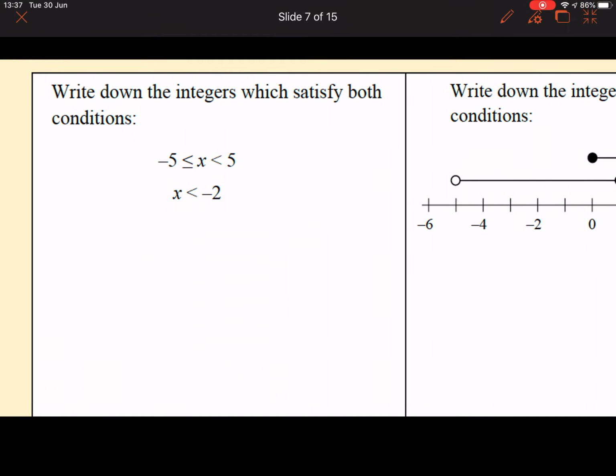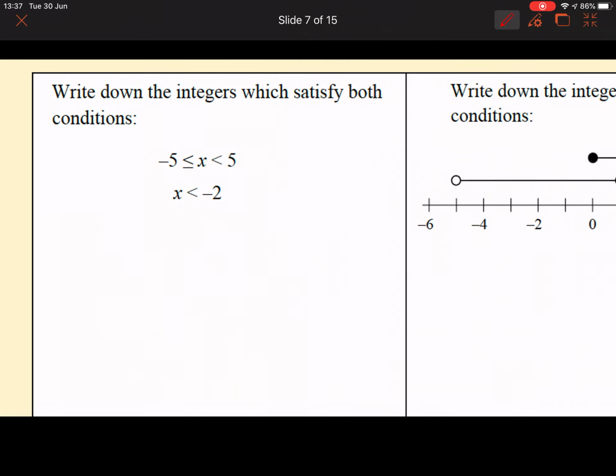So if we just have a look at this question over here, you'd have to think what integers work in both situations. Now you might find it easier to draw yourself your own little number line for this. So if we have our numbers here, we've got x is between minus 5 and positive 5. So our top one would look a bit like this, all shaded in on that side and all open on that side.